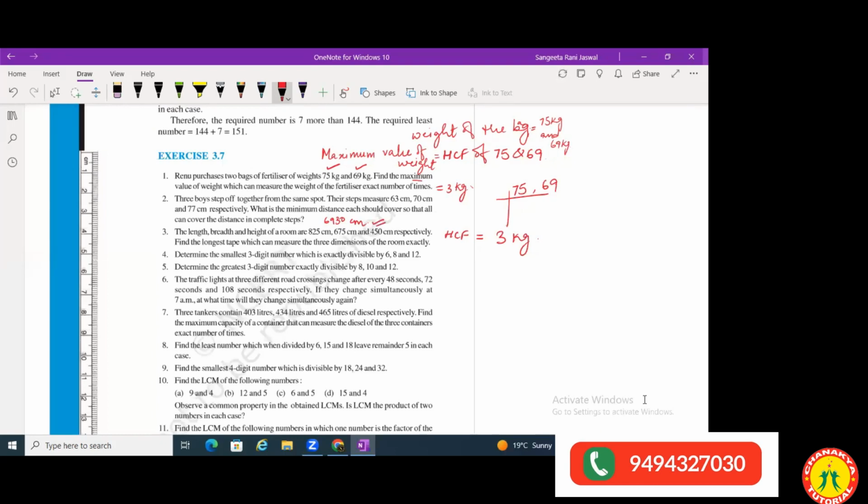Okay. So please write down your last statement after finding the LCM. After writing LCM is equal to 6,930 centimeter, please write the next statement: the minimum distance each should cover, so that all can cover the distance in complete steps is 6,930 centimeters.